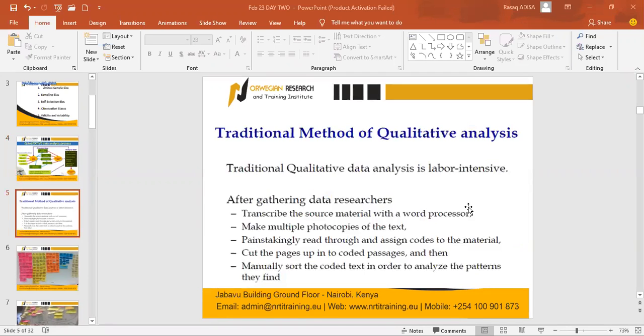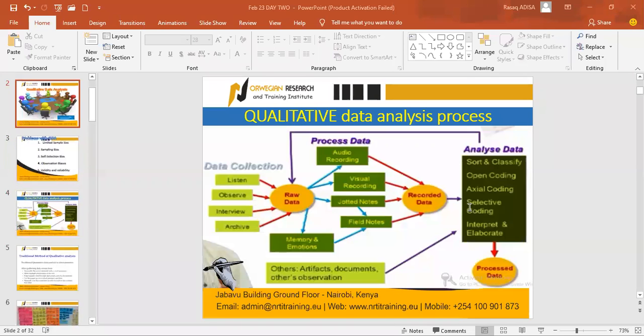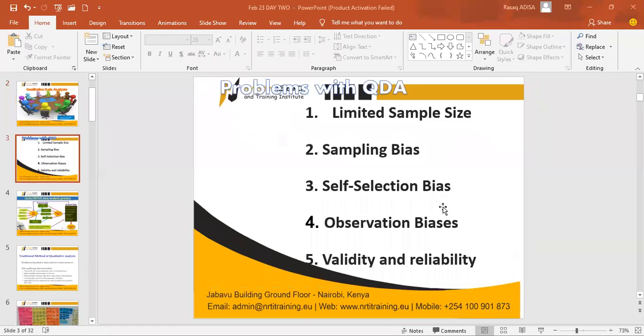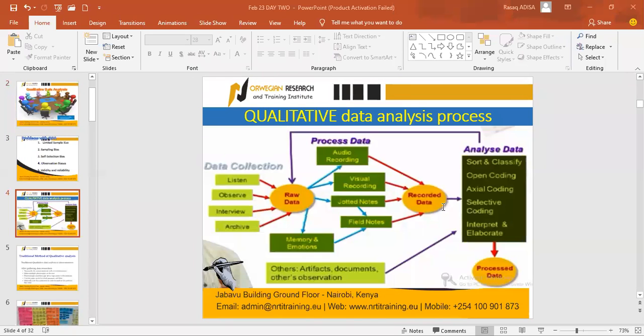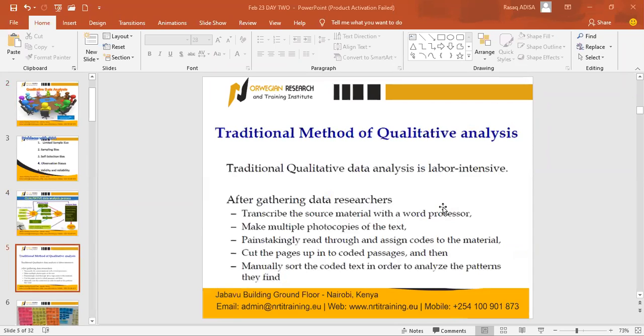This coding can be done both in software as well as in a manual or traditional way. We are talking about software now. We are moving to software. But before we use software, we need to understand how this coding process was carried out when the traditional method was the only option available for people.